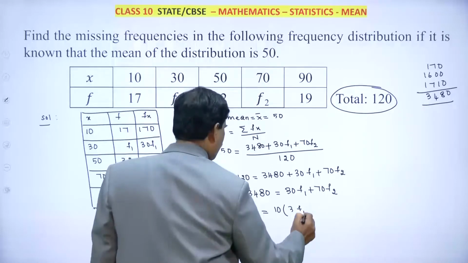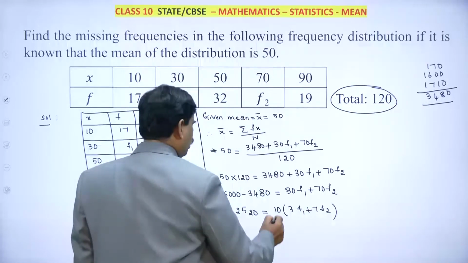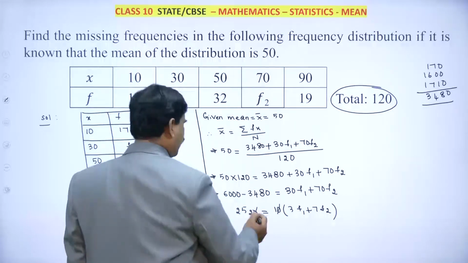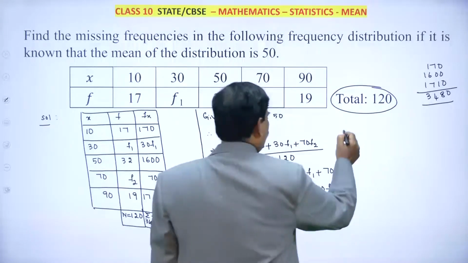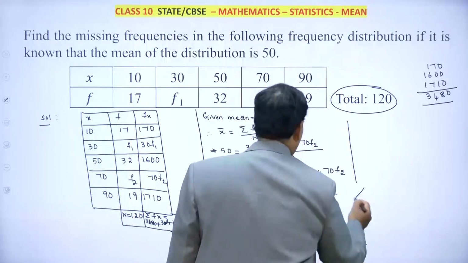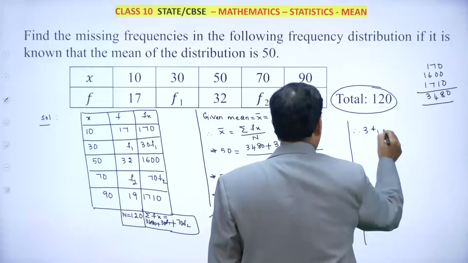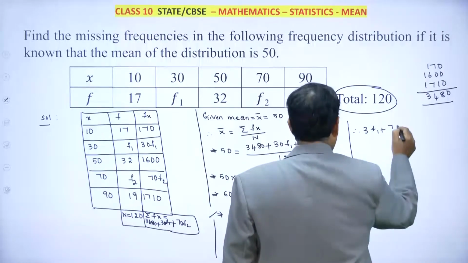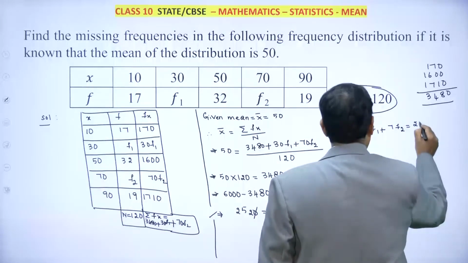So then it will be 3f1 plus 7f2. So now this 0 and this 0 get cancelled. Therefore you are left with 3f1 plus 7f2 is equal to 252.